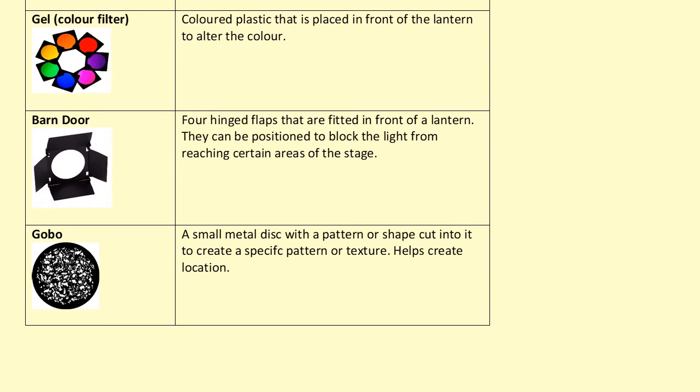Okay, so I'll give you a few moments initially to read the content on this slide. Okay, so firstly, gels. You have a range of gels. You've got 7 gels there displayed in the left-hand column. Now, in an exam situation, if you talk about how you want to use a coloured light, then I want you to be talking about how you would use a gel.